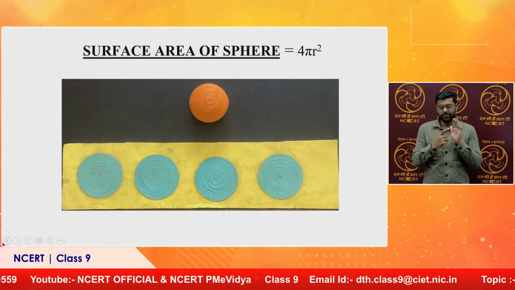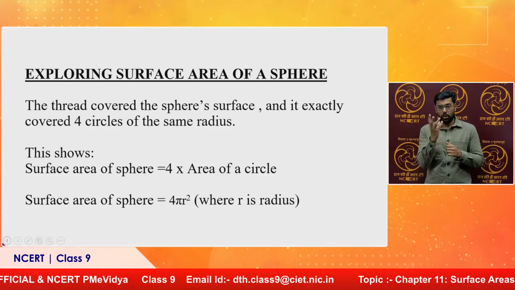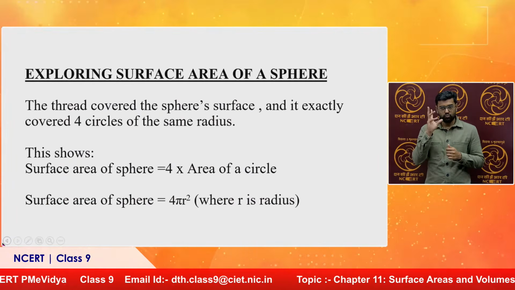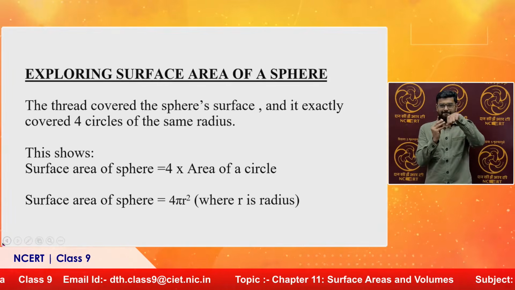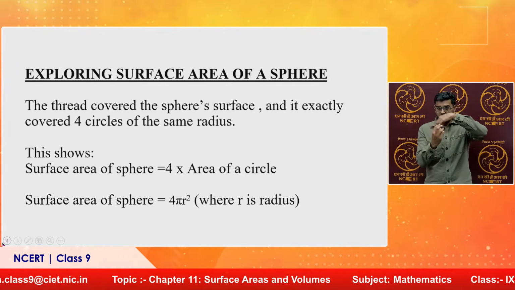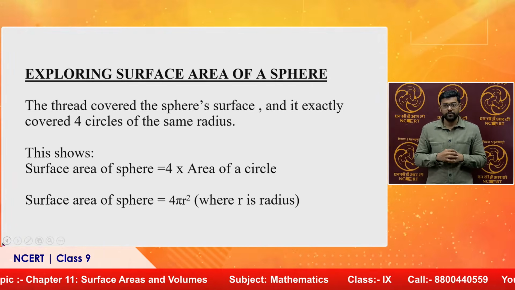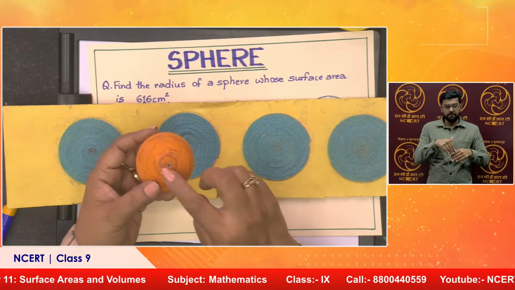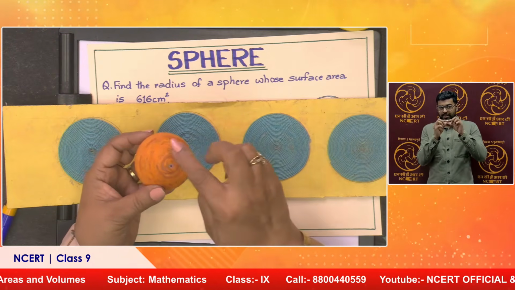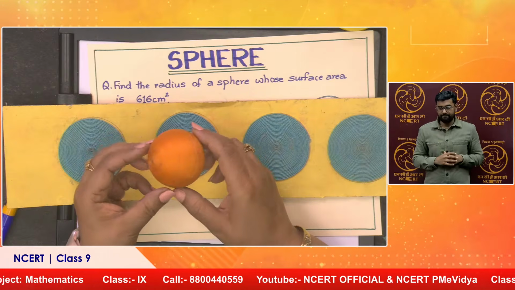They can see that we have, children, one spherical ball. You take a spherical ball and the thread covers the sphere surface, and it exactly covers 4 circles of the same radius. Can you see this? This ball I have covered with the thread without leaving any gap and without overlapping, children. Yes, ma'am.